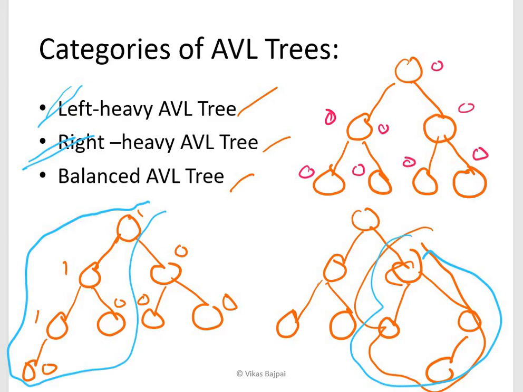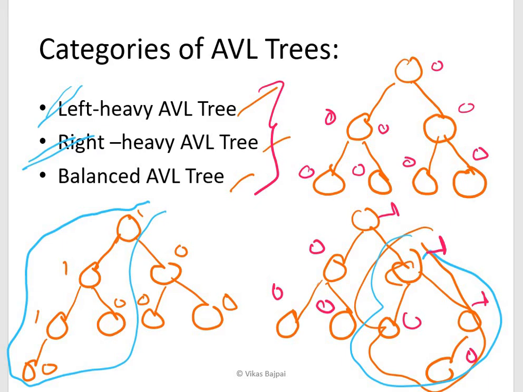Whereas in this case, what I identify is that the balance factor comes out to be 0, 0, 0 on this side, and then minus 1, minus 1, minus 1, and here 0, 0, right? So you can easily observe the differences between these three and the category, right? So just a normal classification based on which we are getting these three things.